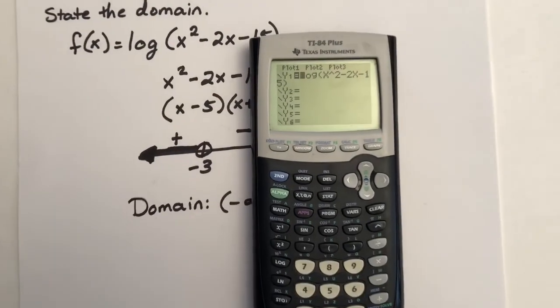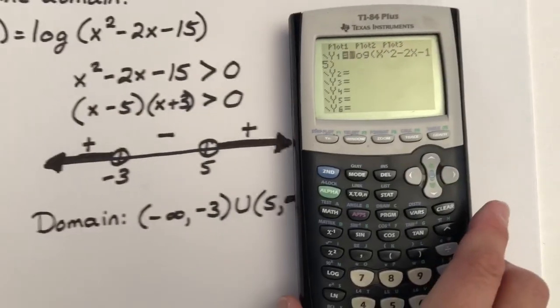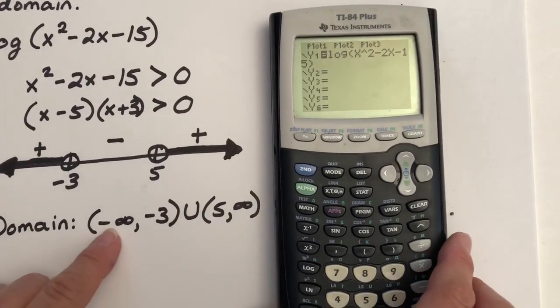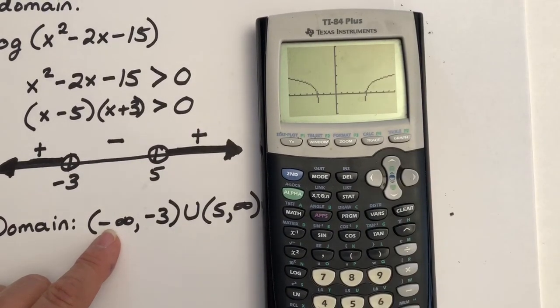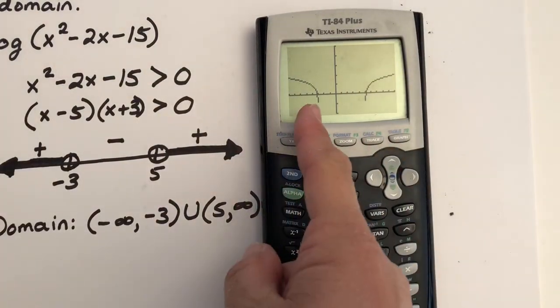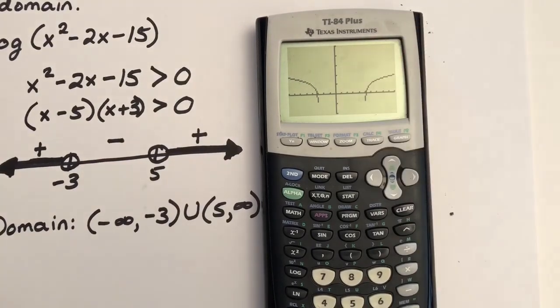And I'm going to come in closer so you can see. We'll move this over a little bit so you can see what our domain was. And I'm going to graph it. And here's what I want you to notice. It's blank, and it's blank in between -3 and 5. There are no points on the curve between those.